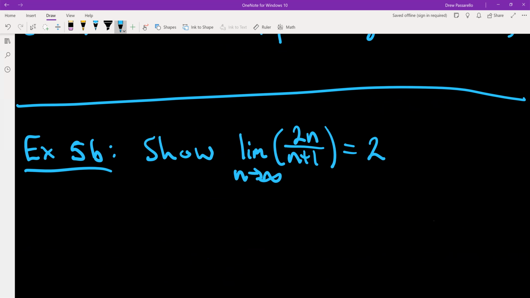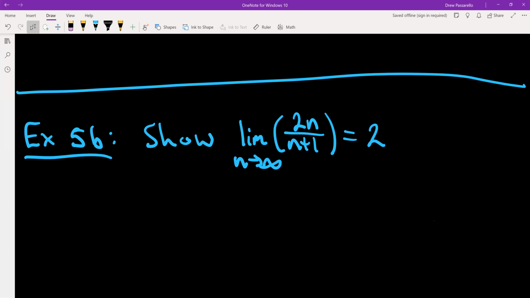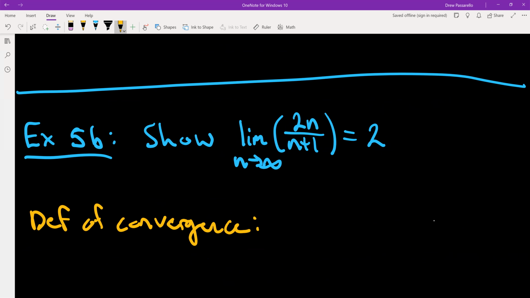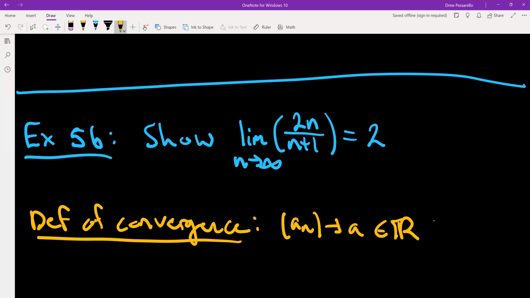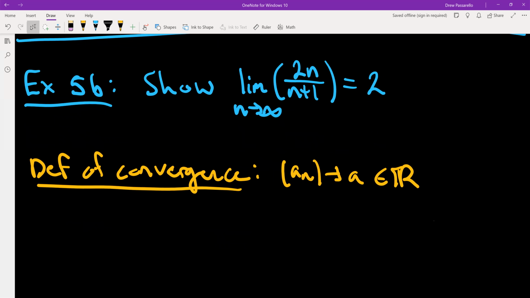Okay, so the definition of convergence as far as the YouTube videos I've been doing. So we said the sequence a_n converges to some value a in the reals as the indices get infinitely large.